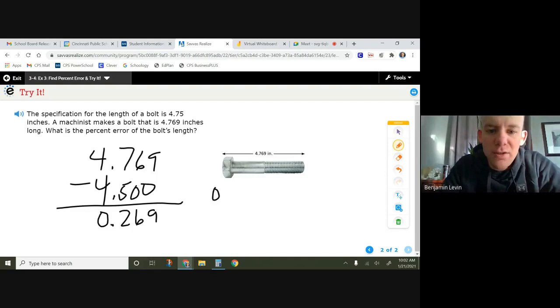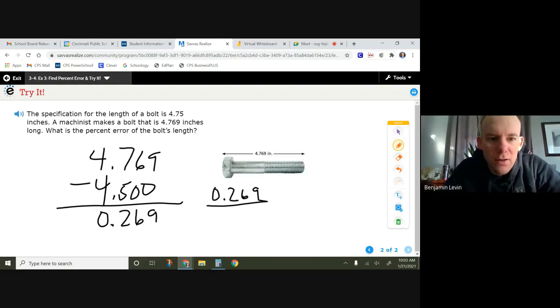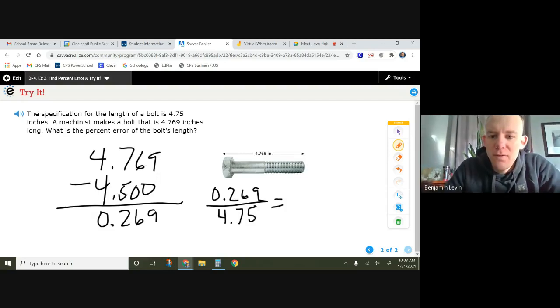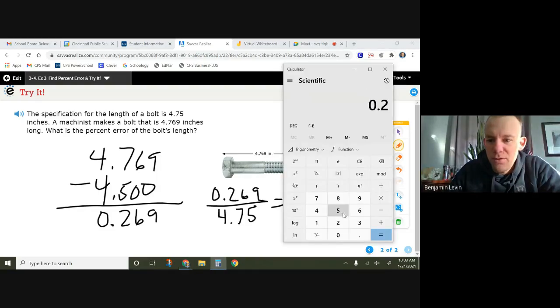So all we need to do is 0.269 divided by 4.75. That will be our percent error. So again, 0.269 divided by 4.75 is this.